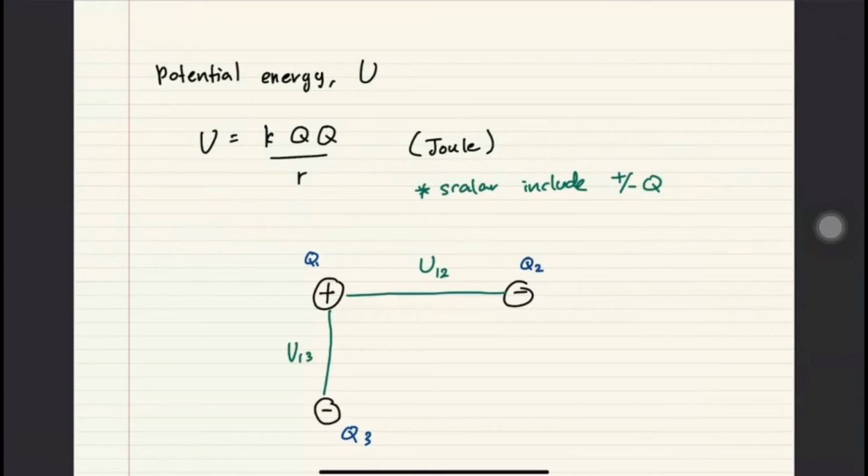Okay. And then between 3 and 2, dia ada potential ke tak? So setiap satu relation antara 2 charge, dia akan produce 1 potential. We call this one as U23.